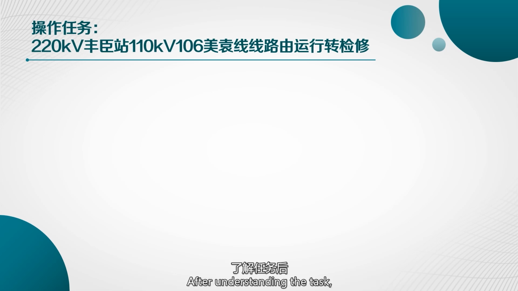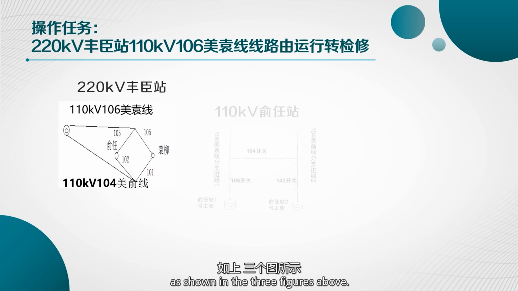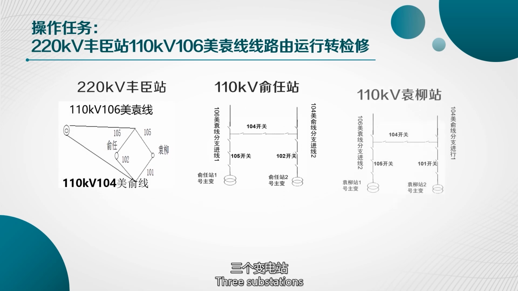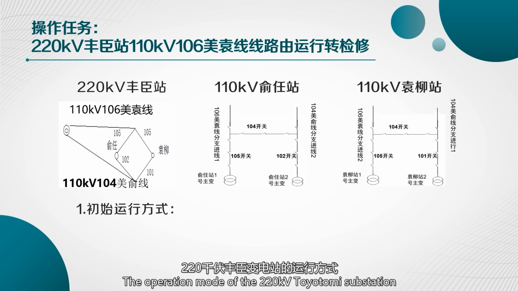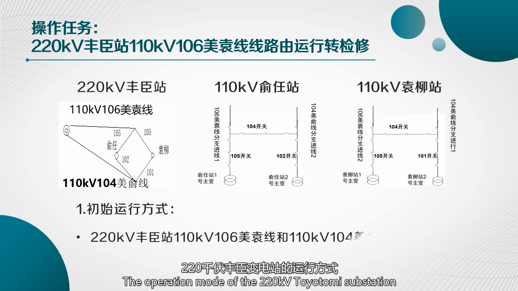After understanding the task, let's take a look at the initial running mode of the case, as shown in the three figures above. There are 3 substations. The first is the 220 kV Toyotomi substation.